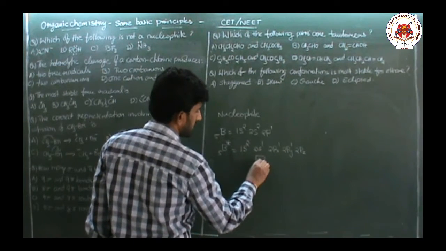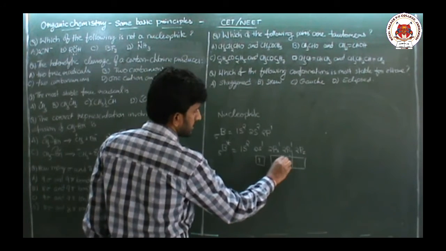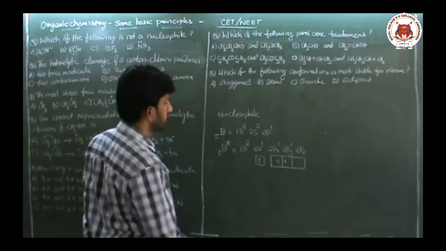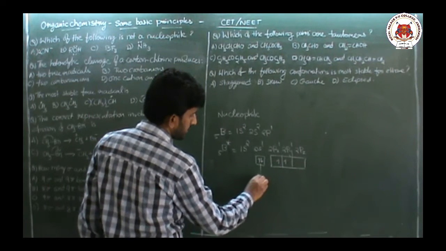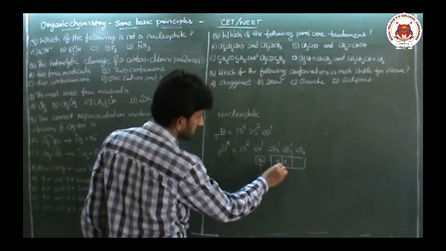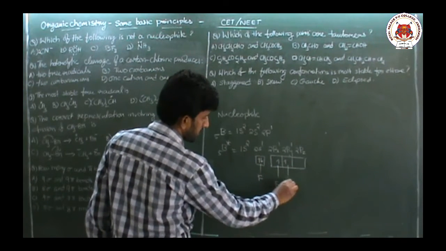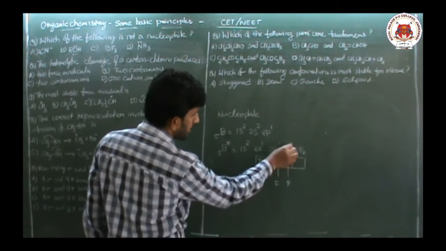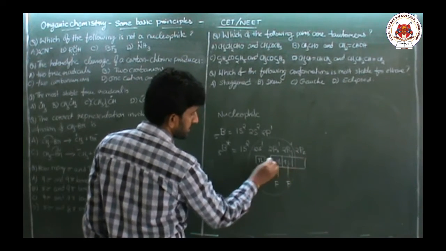That means here one unpaired electron in the s orbital and in p orbitals two unpaired electrons. This unpaired electron will pair with one fluorine atom, this one with one more fluorine atom, this one with one more fluorine atom. So now the outermost shell is containing how many pairs of electrons in BF3?